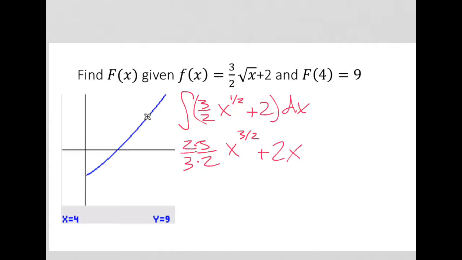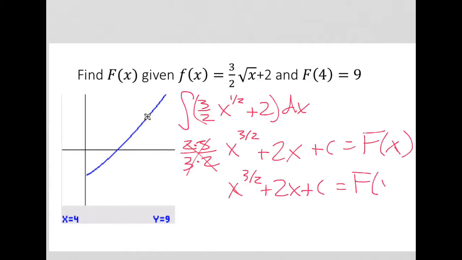Add 2, we need to add that x there, and then we have our plus c. This will be our big f of x function. And now we can simplify 2's, 3's, so we're left with x to the 3/2 plus 2x plus c as that big f of x function.